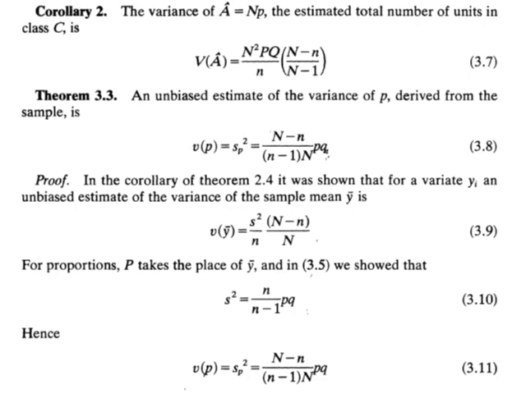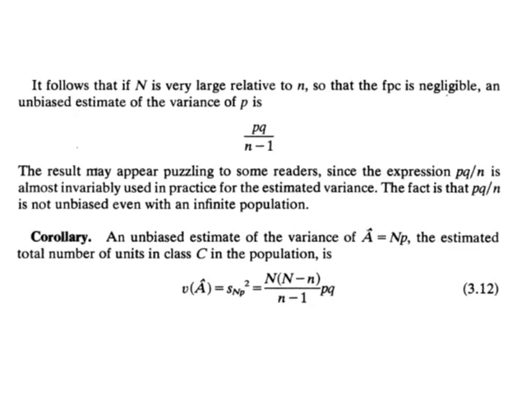Hence, by substituting, we get the variance of p equal to N minus n over N times n minus 1 times p q.